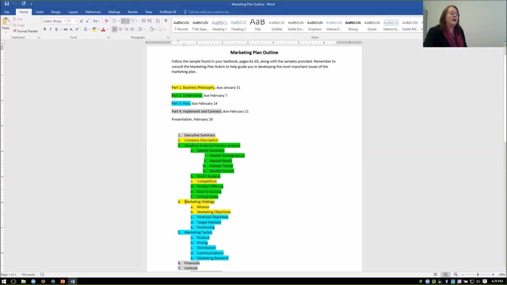And then marketing strategy. The mission is in that folder. So you're going to simply state the mission. You don't change it any. And then you're going to talk about the marketing objectives of this plan, which is really a rebranding focus.